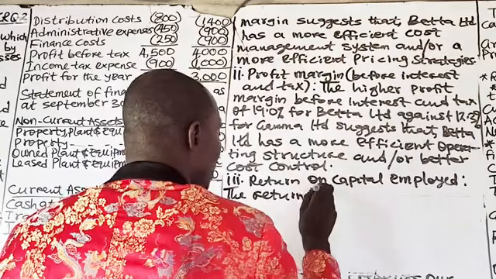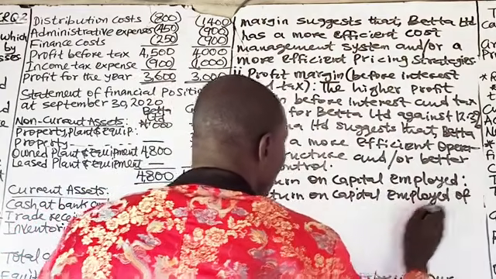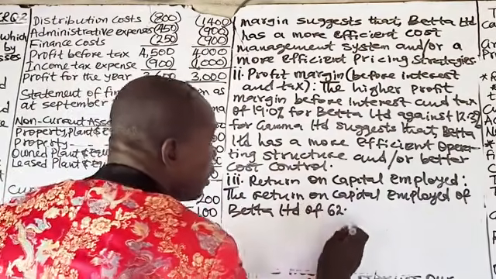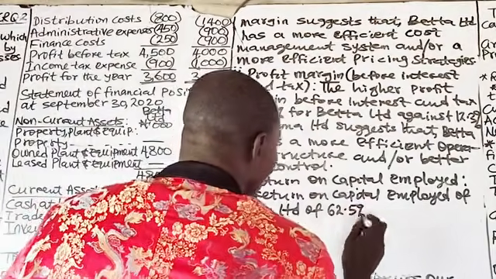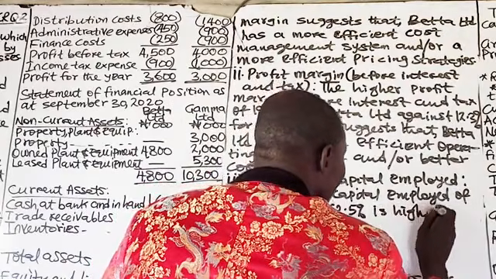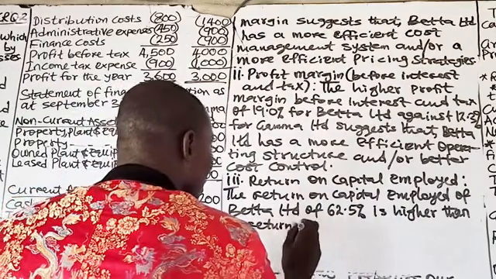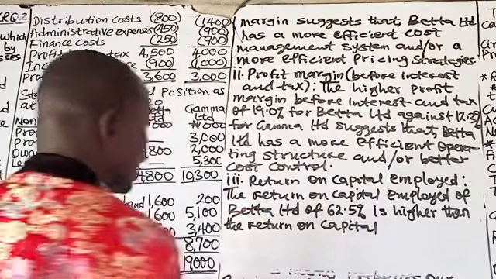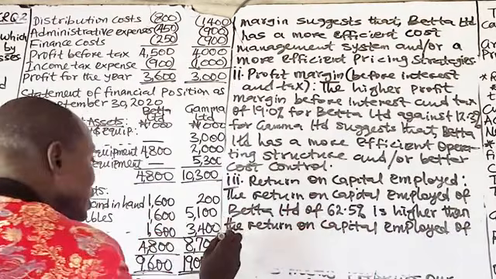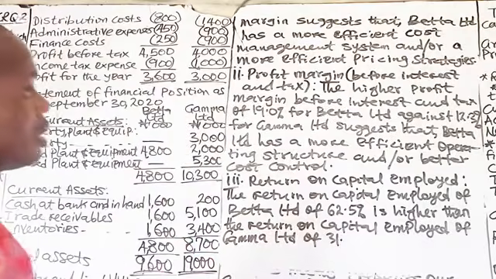So the return on capital employed of Beta Limited of 62.5% is higher than the return on capital employed of Gamma Limited of 31.0%.